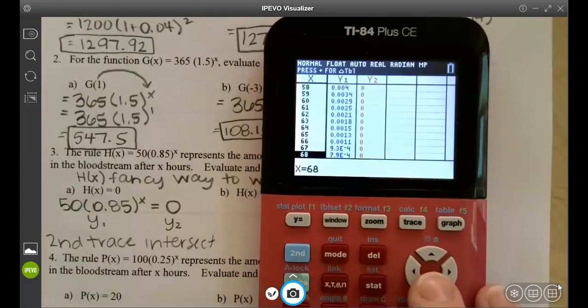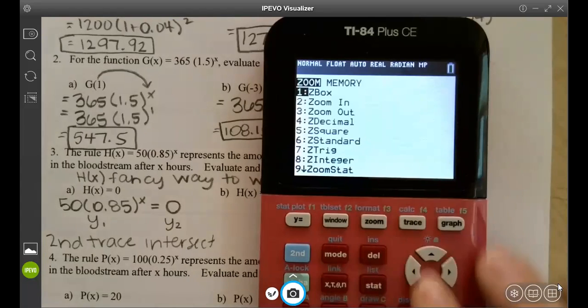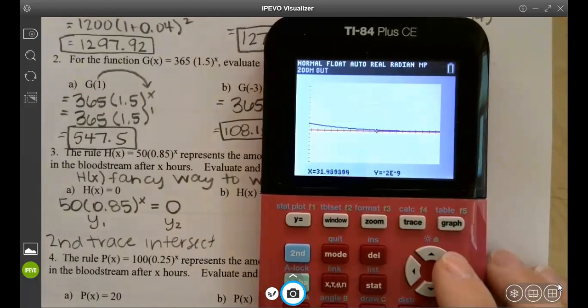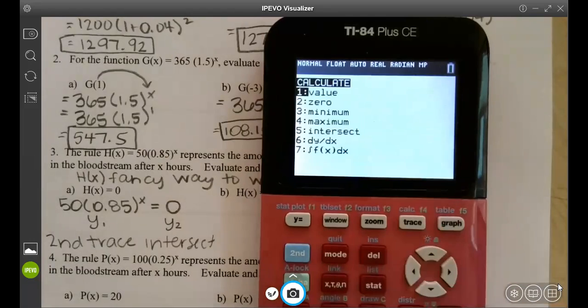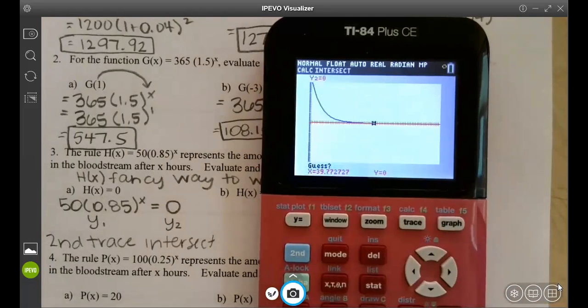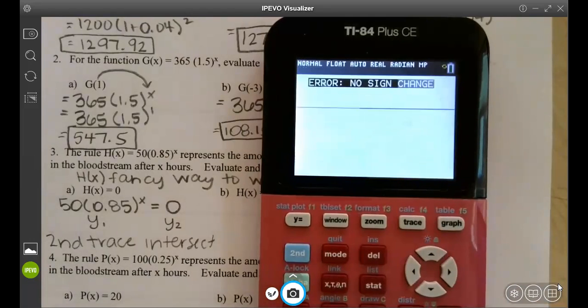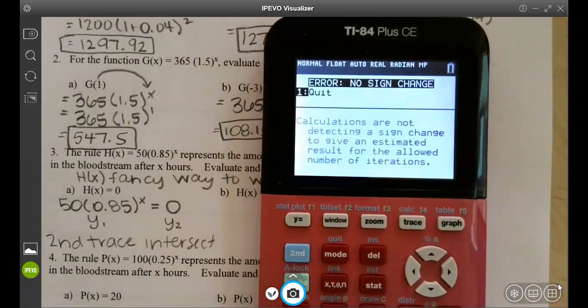You guys see it? All right, so the problem is, again, I have to be able to see that intersection. I don't see it yet, so I'm going to try to find it. This one's a really crappy one. It's not too bad though. Let me see if I see it now. Second trace intersect. Still 0, right? Still don't know.